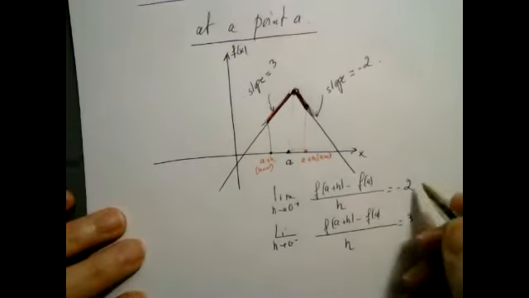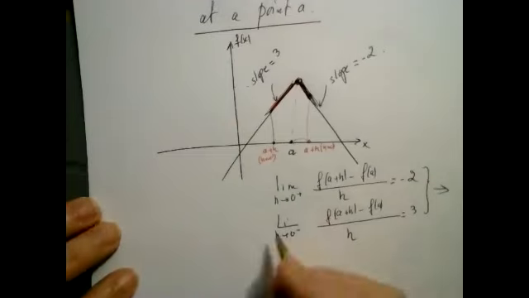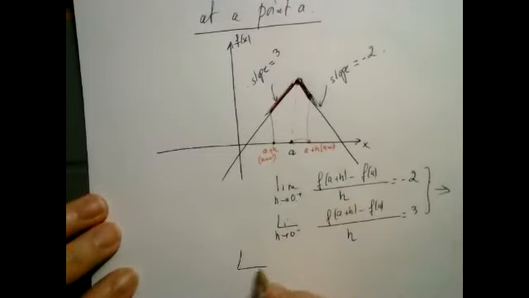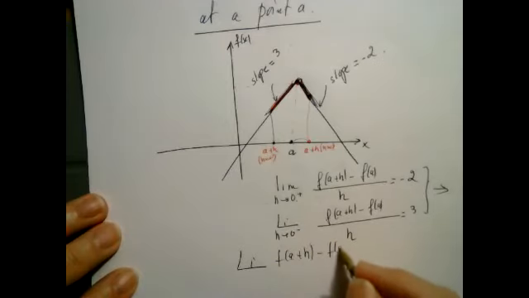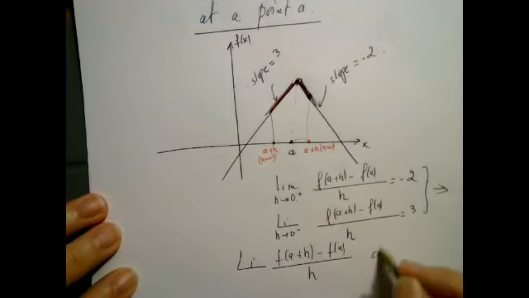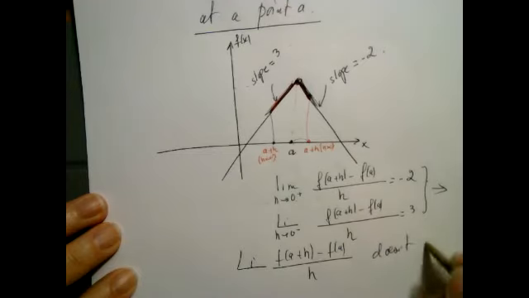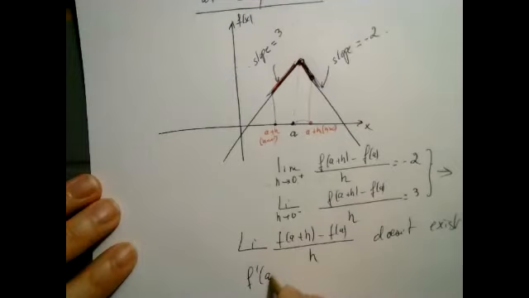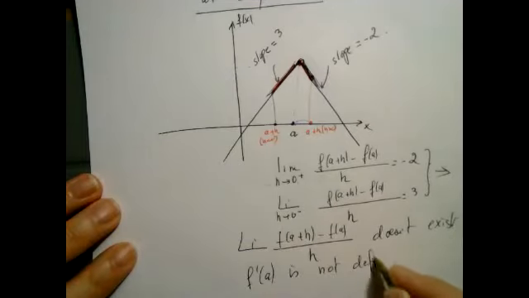Since the left limit and the right limit differ, the limit does not exist. So f prime at A is not defined, or f is not differentiable at A.